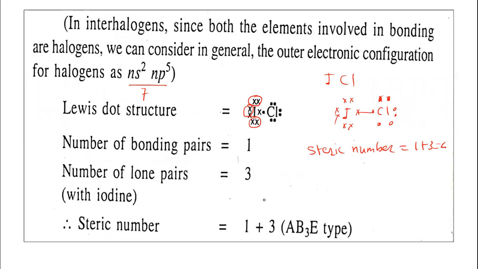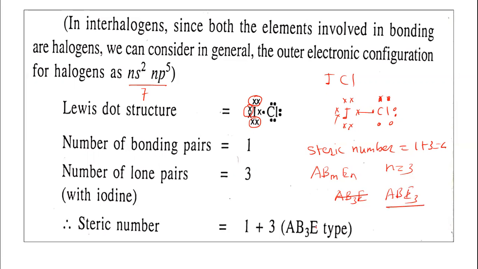So what is the type of this molecule? We have the general formula to represent the molecule on the basis of the steric number and the central atom, ABnEm. Here the number of bonding pairs is 1 and the number of lone pairs is 3. So it is not AB3E type, it is ABE3 type molecule.